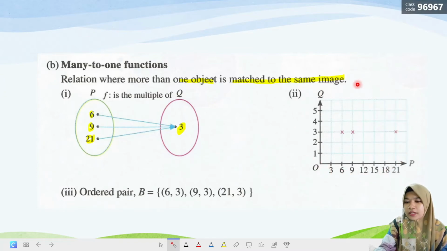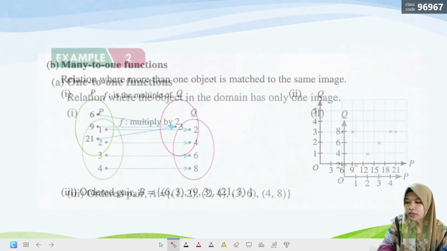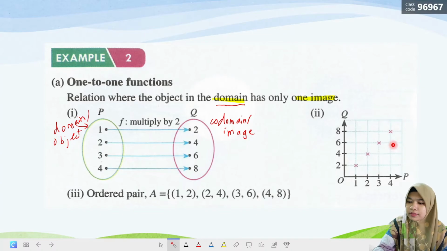Okay, alright, ini bentuknya. Kalau tadi untuk graph functions, untuk function yang one to one, awak nampak bentuk dia begini. Okay, when you plot, awak dapat this one. Okay, kalau awak sambungkan, awak akan dapat satu straight line. Okay, incline straight line tu.